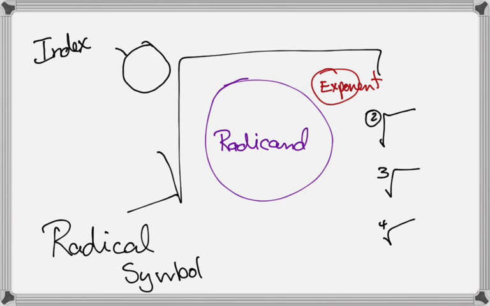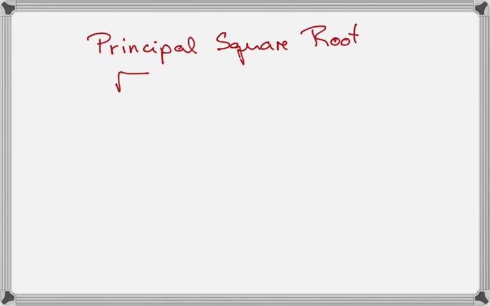So there's also something that's called the principal square root. For example, if you have the square root of a equals b, that means that b squared is equal to a.